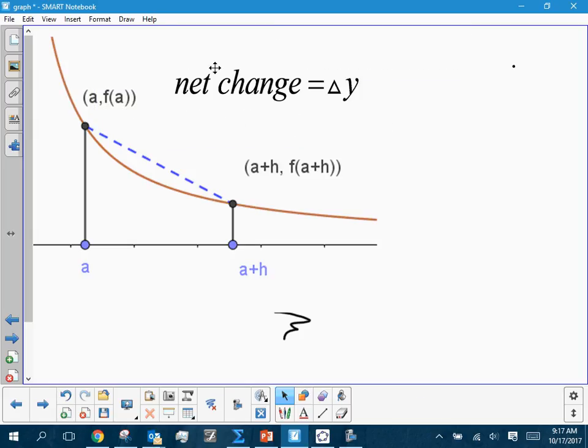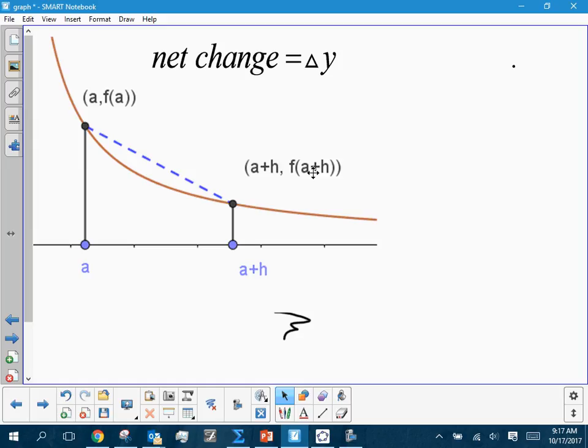Delta y is simply the difference in my y values, right? Delta means change or difference. So in order to get the correct increase or decrease for net change, we need to make sure that we subtract them in the right order. Does that make sense?